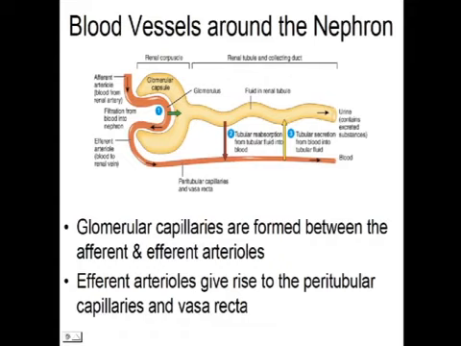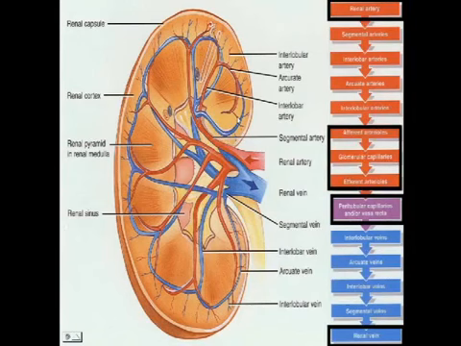The glomerular capillaries are formed between the afferent and efferent arterioles. The efferent arterioles give rise to the peritubular capillaries and vasa recta. This is the peritubular capillary and the vasa recta. The peritubular capillaries and the vasa recta are parallel with the tubules.